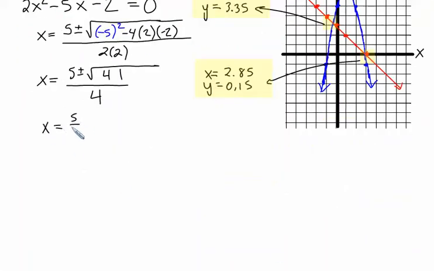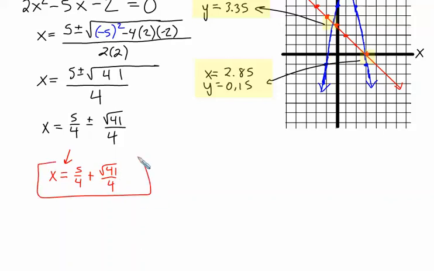It'll be 5 fourths plus or minus the square root of 41 all over 4. Now on the one hand, that means x is equal to 5 fourths plus radical 41 over 4. We'll circle that because that's one of our answers. On the other hand, though, that means that x is equal to 5 fourths minus the square root of 41 all over 4.